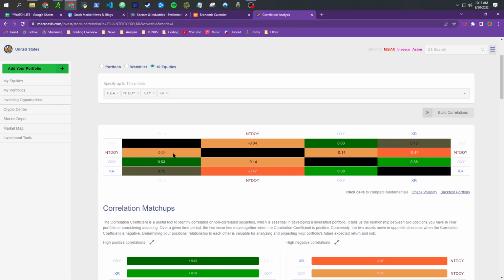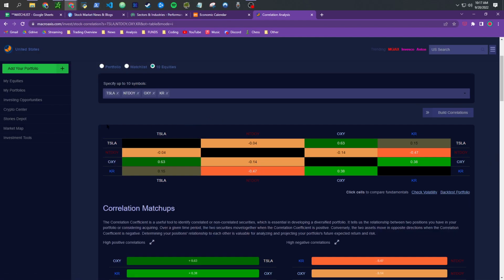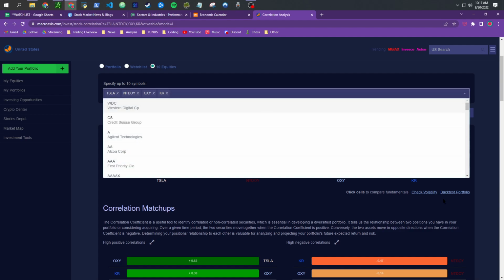So here you can look at the correlations. Can I get some dark mode here? There we go. Okay. So you can look at correlations of holdings in your portfolio. And I think this is pretty important because you might be loaded up. You might just be long essentially one stock if all the correlations are the same.